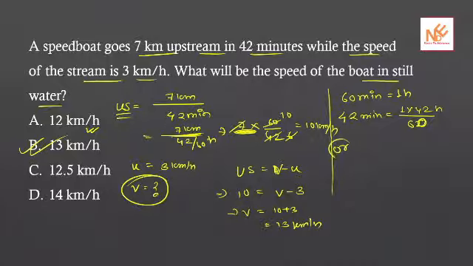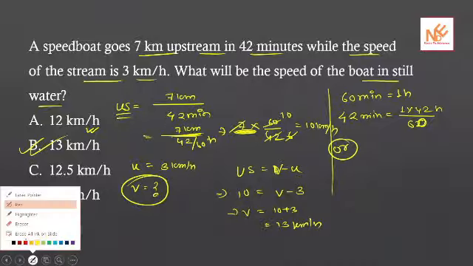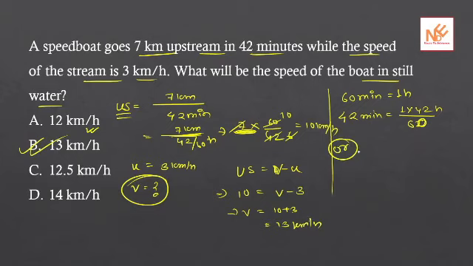We can find this with other formulas also. Now let us apply another method. Here we have to know u and v. Downstream means v plus u, and upstream means v minus u. Here u is given as 3, v we don't know, and upstream is 10 kilometer per hour.